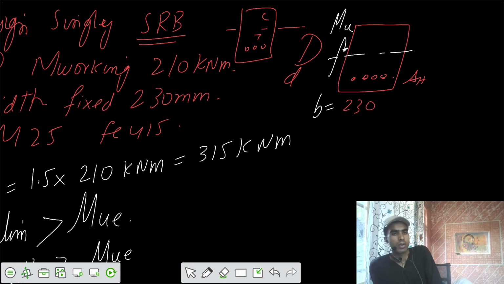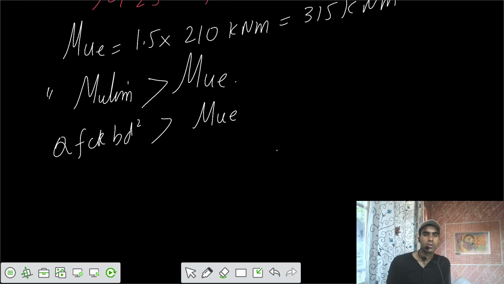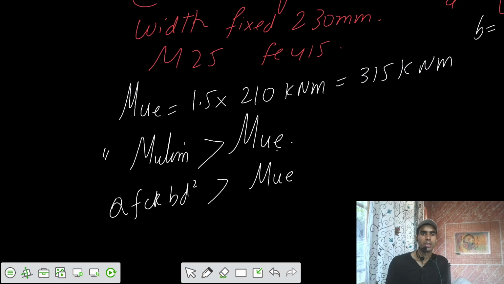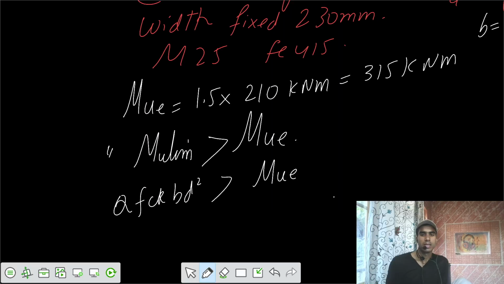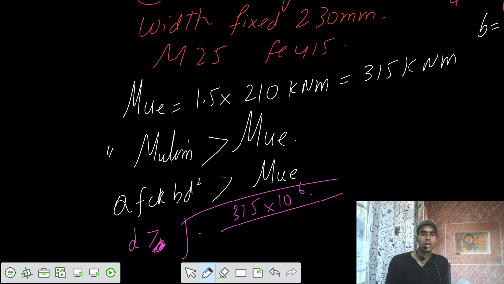Let's say that we are directly using that Mu limiting should be greater than Mu external, and we are going to see what our calculations are here. So I would say the d required should be greater than the square root of Mu external divided by Q. What is the value of Q for Fe415? 0.138.